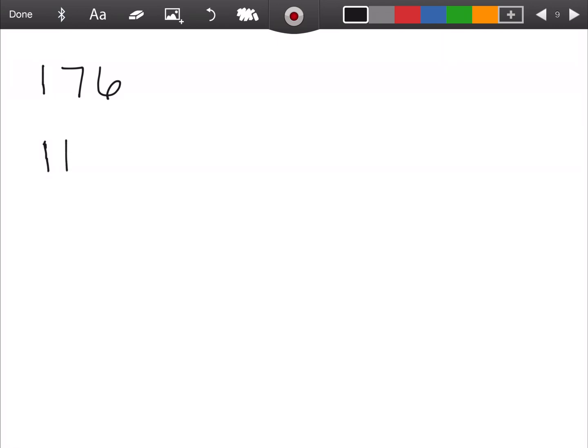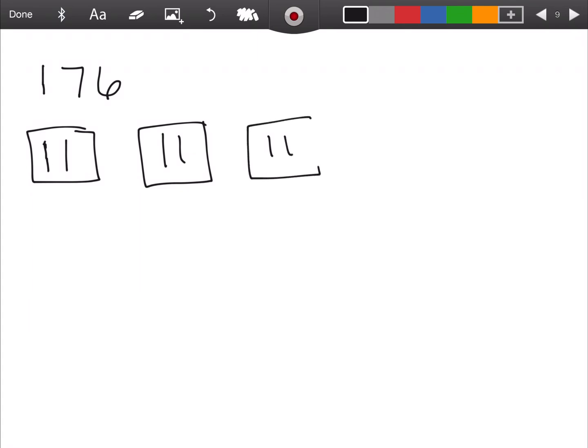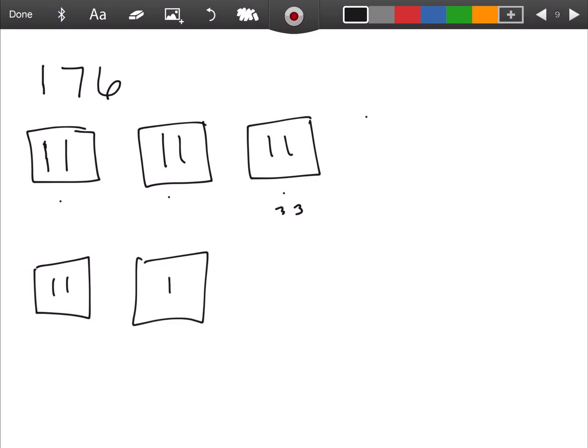So I would have 11 on this shelf, 11 on this shelf, 11 on this shelf. And so far I know that 11 times 3 is 33. And I'm going to repeat that again. And now I have 66 books.